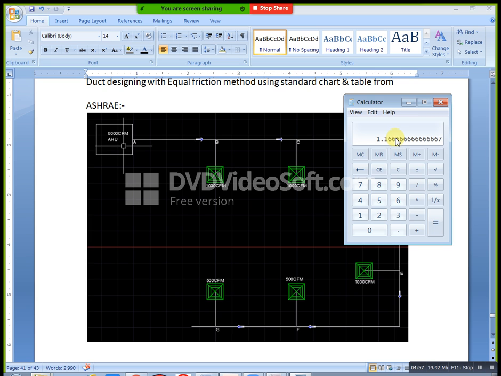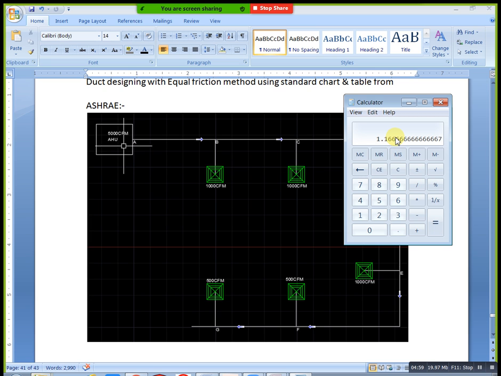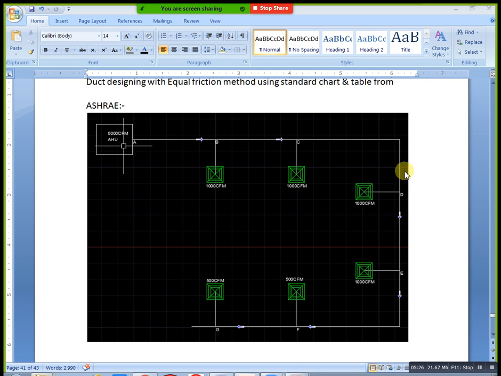Because our area is in square feet, so definitely we need this one also in feet. Can you write this value? Height 1.17 feet. Then 3.84 divided by how much? You are not understanding. Okay.